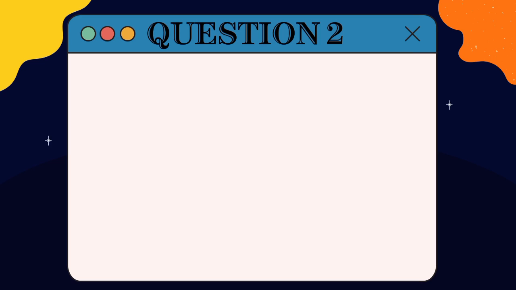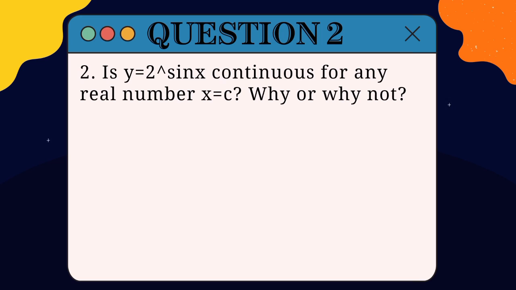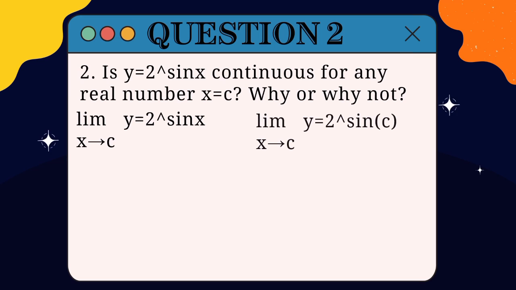Then next, for question number 2: is y equals 2 raised to sine x continuous for any real number x equal to c? Why or why not? The function y equals 2 raised to sine x, where x is equal to c, is always continuous.